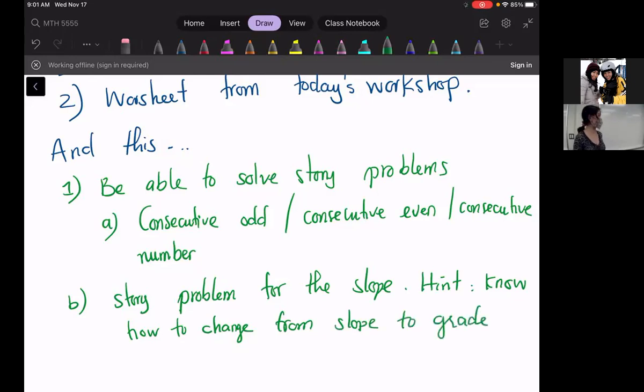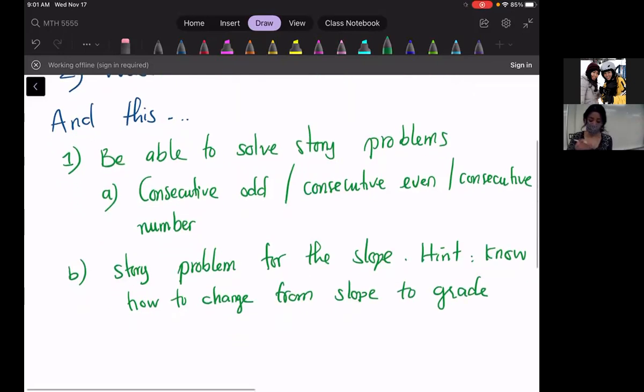Take a look at my lecture. I talk about this. You're going to have this on the exam. You're going to have a story problem about slope, and once you solve for the slope, they're going to ask you to change it to the grade. Grade means what? Percentage. That's all it is, right? So take a look at my lecture notes.